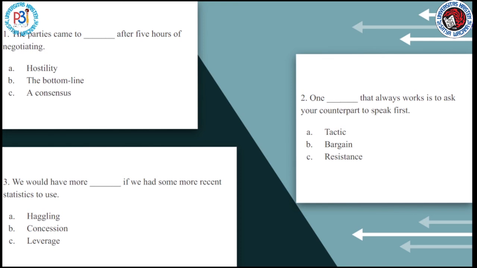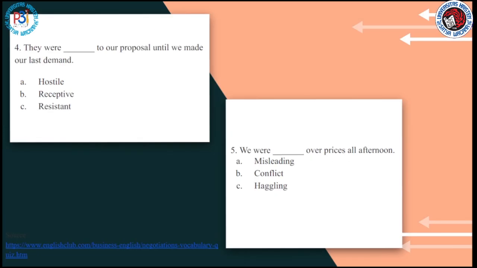Number 3, we would have more blah blah blah if we had some more recent statistics to use. Number 4, they were blah blah blah to our proposal until we made our last demand. And number 5, we were blah blah blah over prices all afternoon.